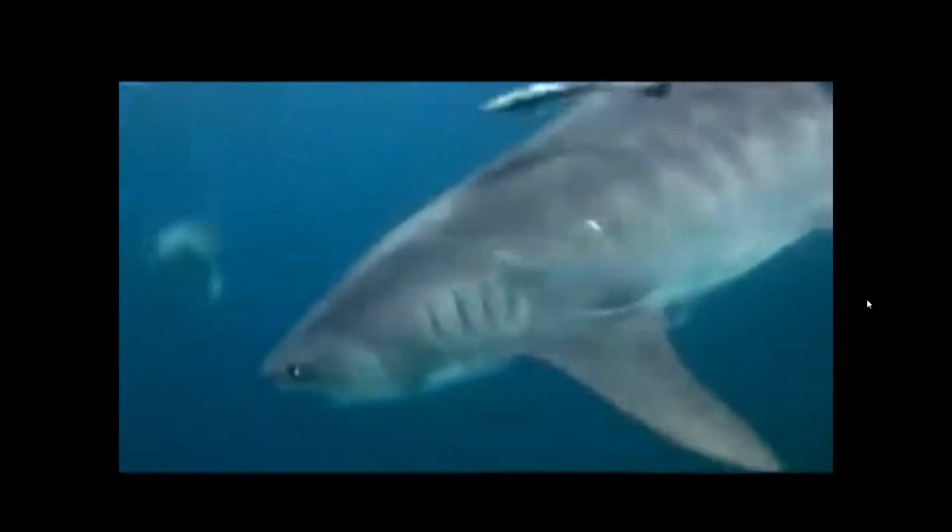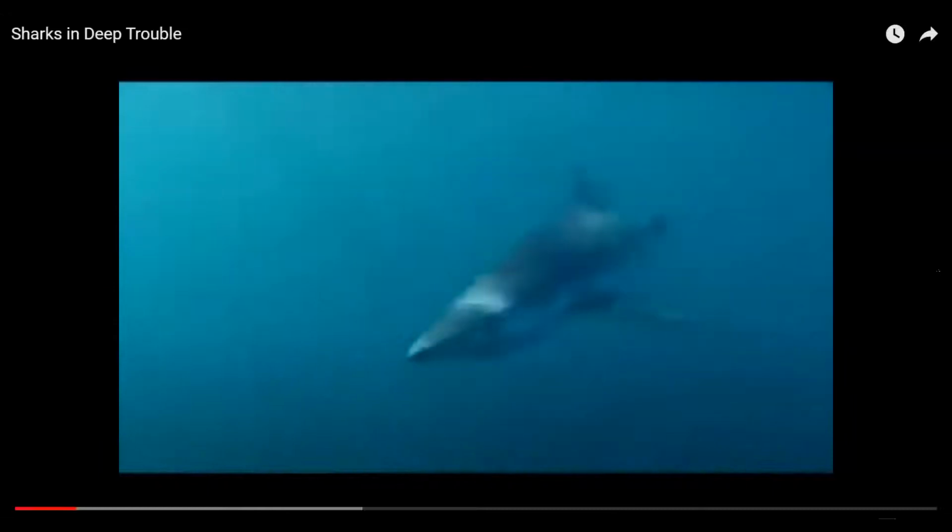Sharks evolved over 400 million years ago into one of nature's most graceful, streamlined, and simply beautiful predators. They play a vital role in keeping the delicate marine ecosystems in balance.